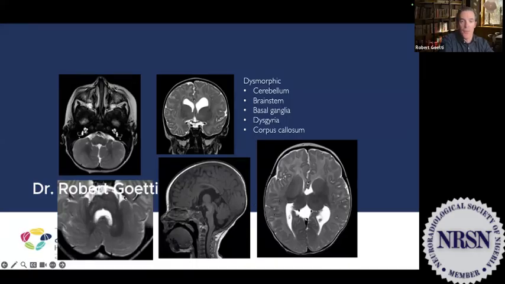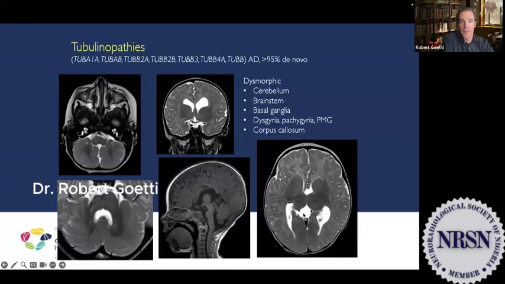And when you have the combination of dysplastic cerebellum, dysplastic corpus callosum, dysplastic basal ganglia, and malformations of cortical development, you want to think about tubulinopathies. There's a whole range of genes that can cause tubulinopathies. Most of these are autosomal dominant de novo mutations, so they don't run in families, they just occur spontaneously. So when you have these combinations, think of tubulinopathies.